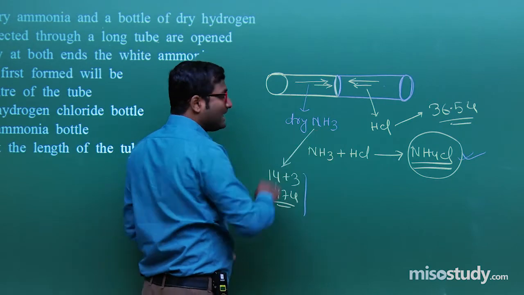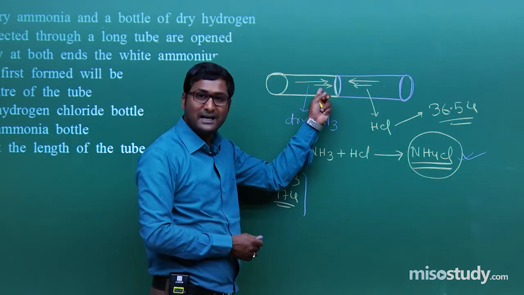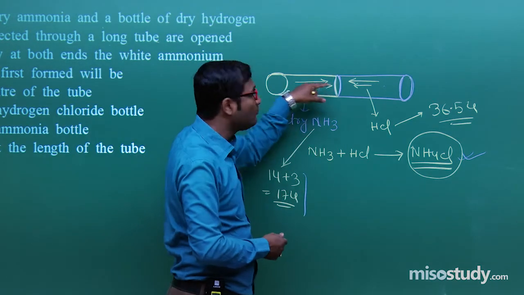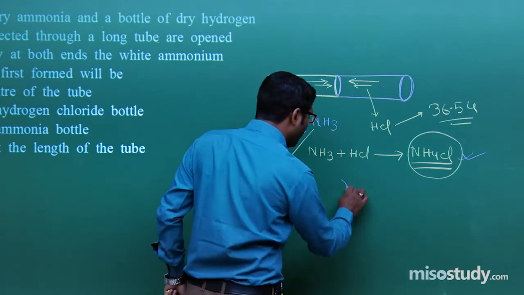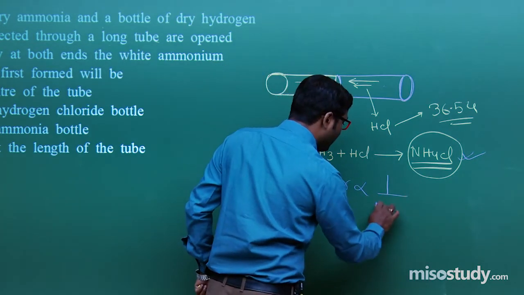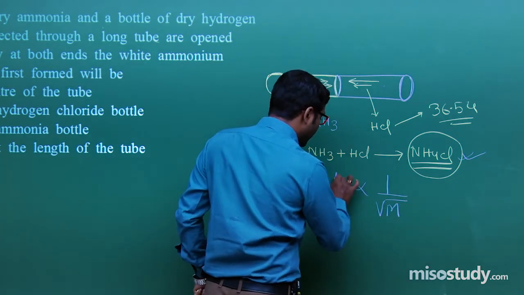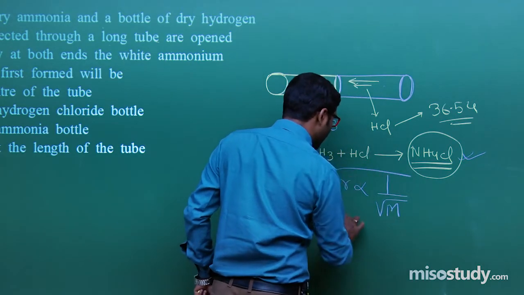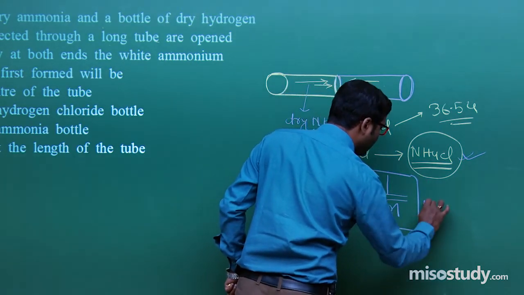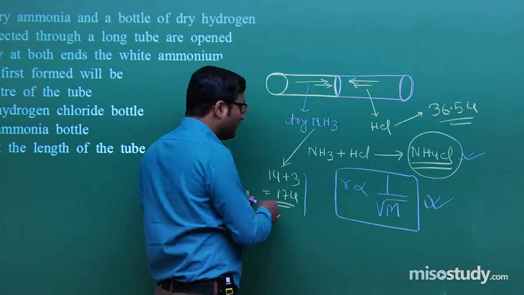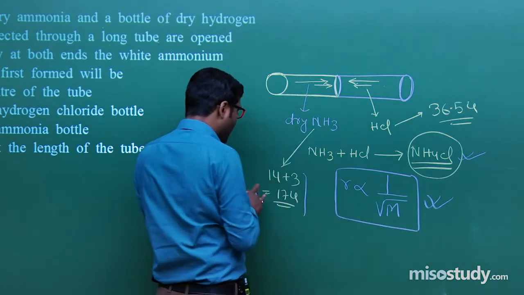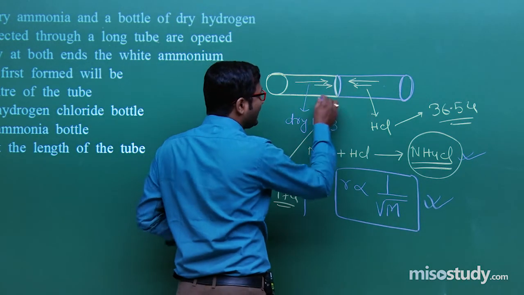That is ammonia, it has a high rate of effusion, so it will move faster, because we all know that the rate of effusion is inversely proportional to the square root of molar mass. So the movement of ammonia will be faster than HCl.